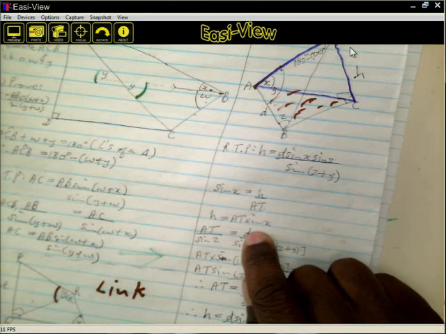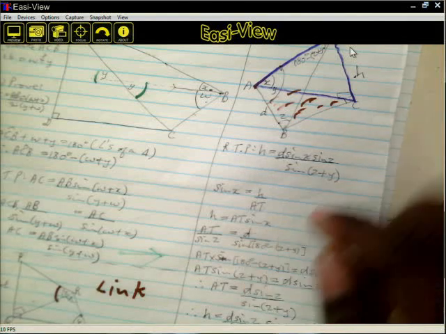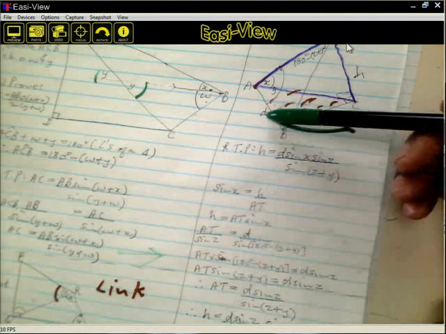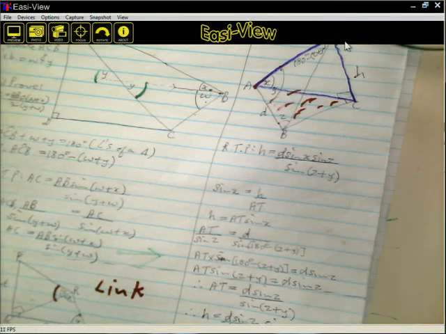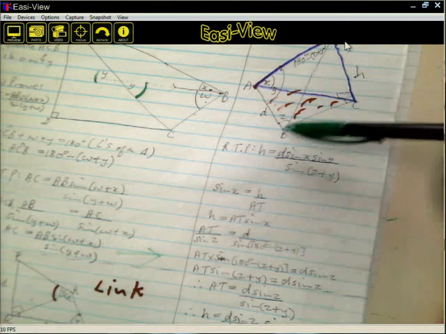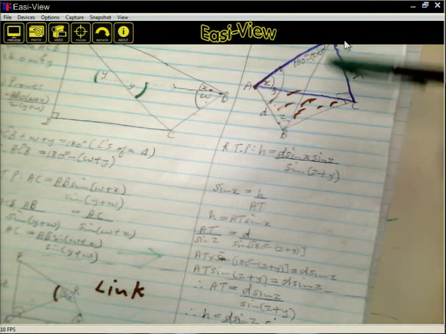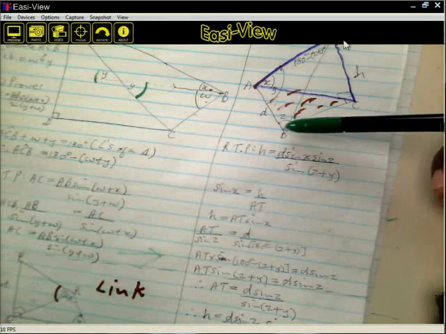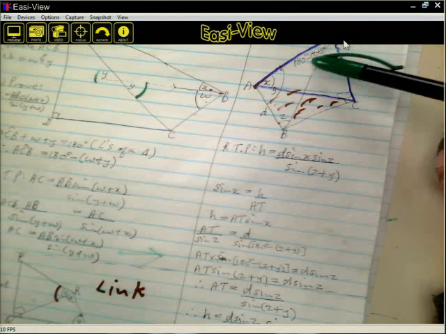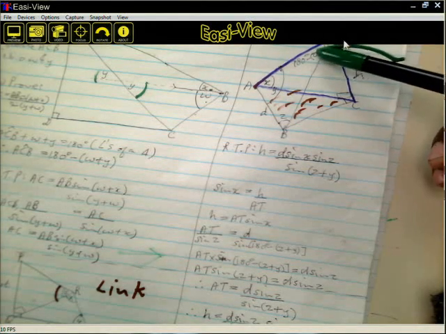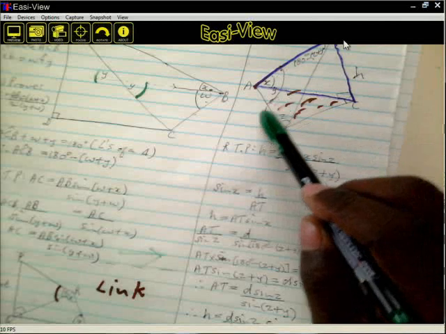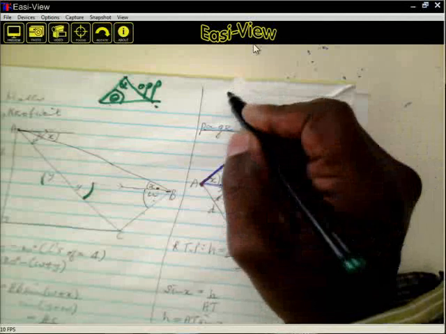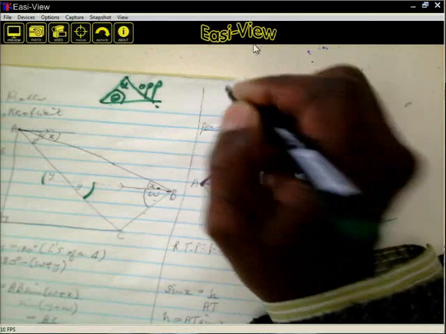Now, why do we use d? Remember, it is part of what we need to prove. You don't just write them. And d is opposite BT. But what is BT? Where do I get z from? From the calculation here, that this is 180 minus z plus y. If I may draw it aside, the triangle is like this.